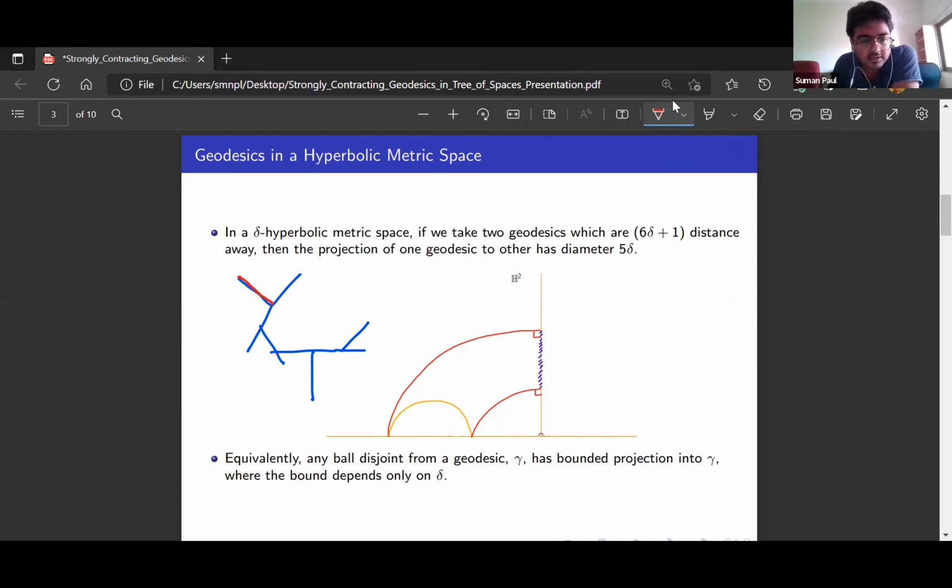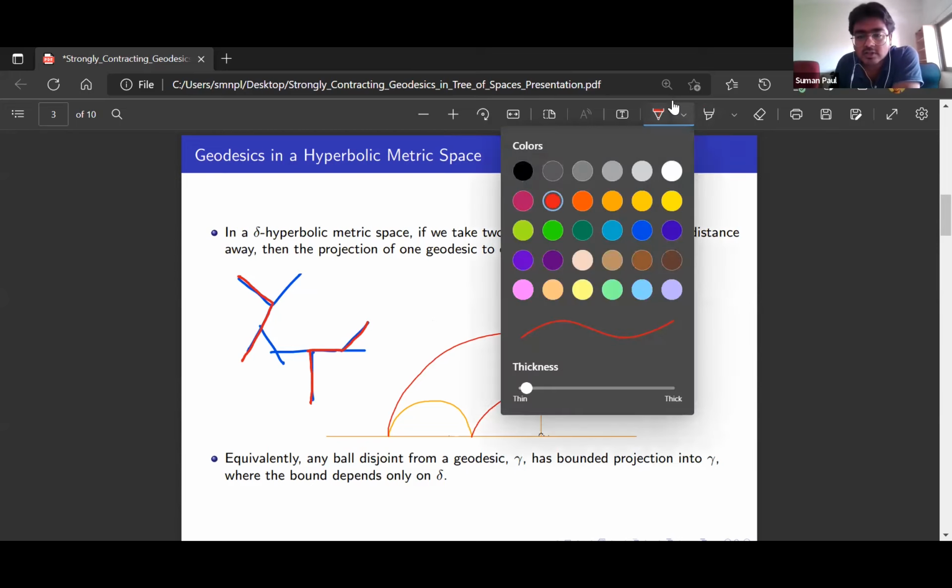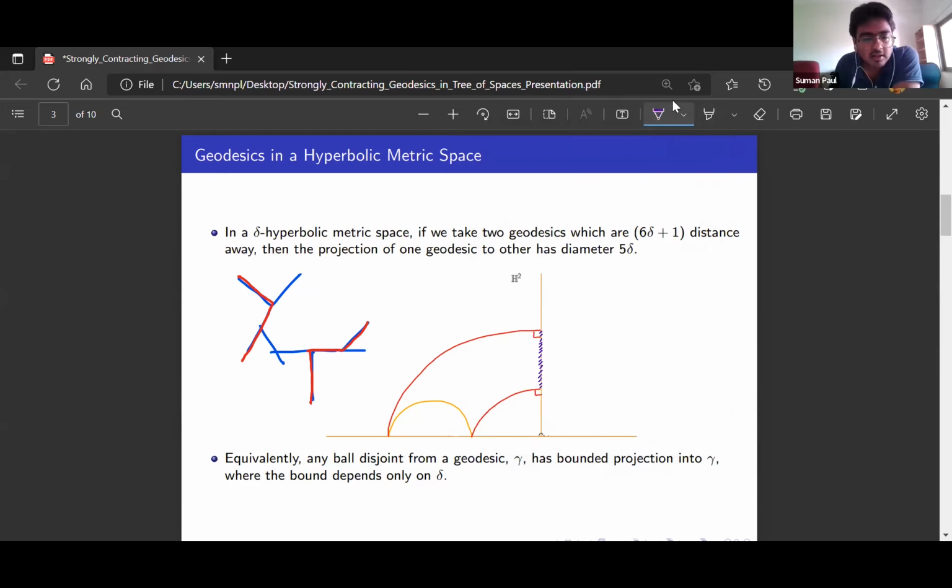So take this geodesic and take this geodesic, say. So this is 2 distance away. Now, if I take the projection, meaning nearest point projection, let's say this is gamma 1 and gamma 2. The projection of gamma 2 onto gamma 1 is this point, right? So it has diameter 0.